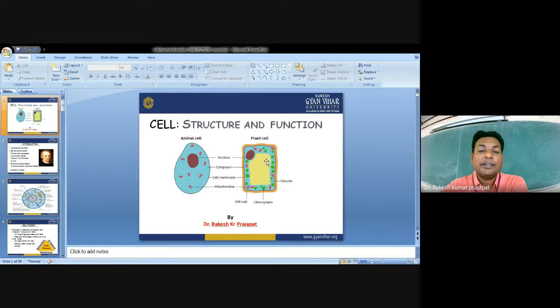If it were present in animal cells, then when we feel hungry we could go into the sunlight and do photosynthesis, and the full energy required by the body would be completed. So that is the basic difference between these two cells.